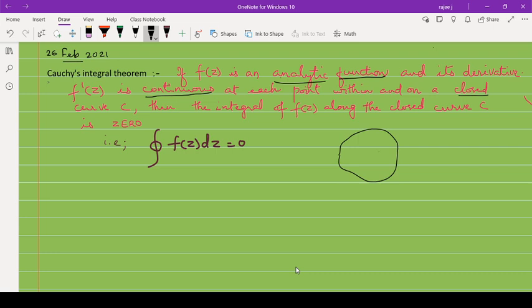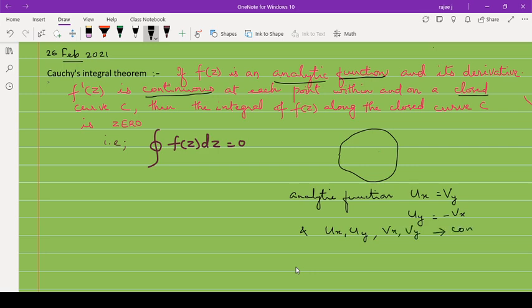Then f of z is an analytic function. Now analytic function means, in semester 3 you had this analytic function, any function which satisfies the Cauchy-Riemann equations, ux equal to vy, uy equal to minus vx, and its partial derivatives, this ux, uy, vx, vy, all are continuous.